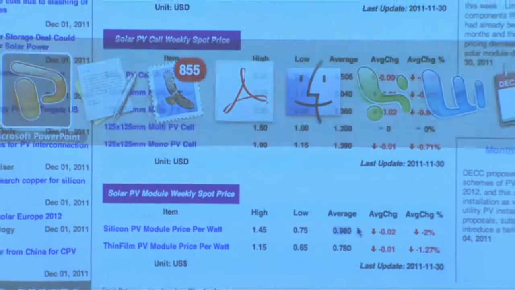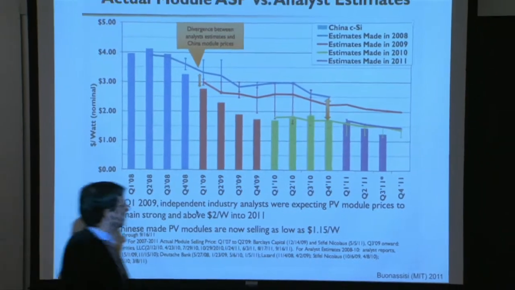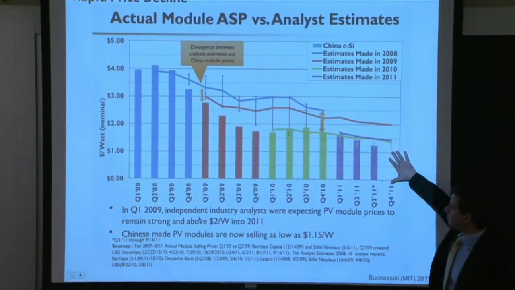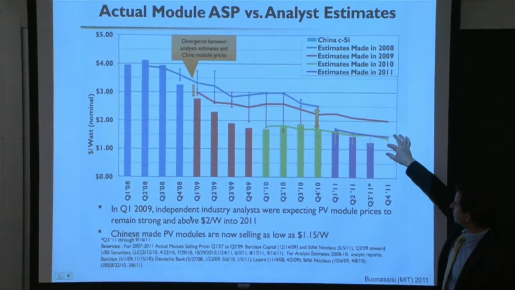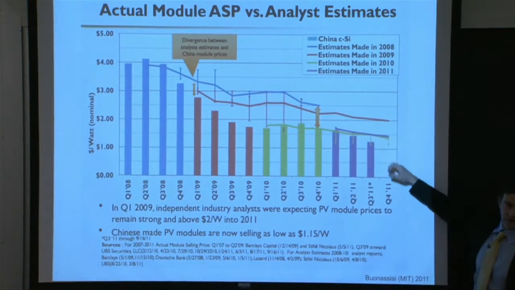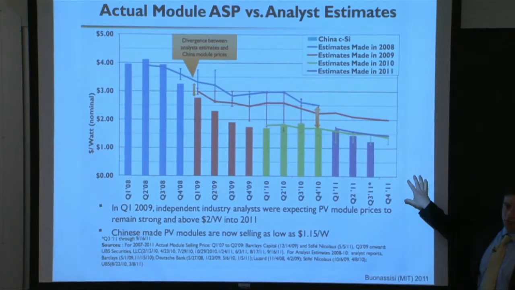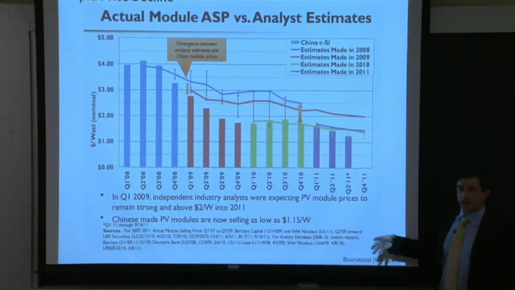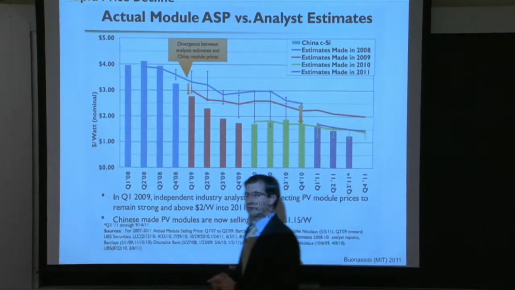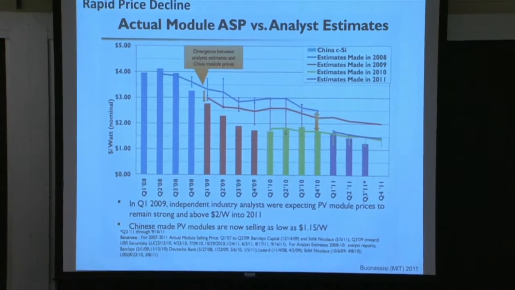So if we add that one data point onto this chart right here, where we have Q4 2011, we're solidly in Q4 right now, and we're at 0.98 with an error bar somewhere around here, right? You see the prices are still coming down, and will likely come down for maybe another quarter before they start to stabilize. And as companies fail, as more companies leave the market, you'll have consolidation of market share.